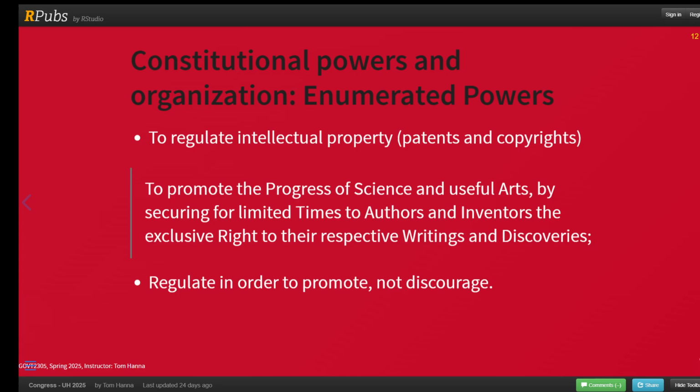You encourage writers and painters and all kinds of other artists by giving them a copyright on their work so they can sell their work and make a living off of it. That's how you end up getting professional writers as opposed to just amateur writers. So this is done in order to promote the thing. Congress is given the power to regulate it.